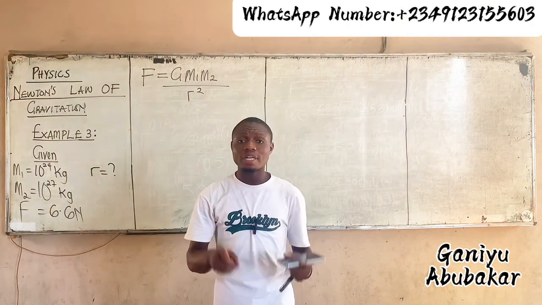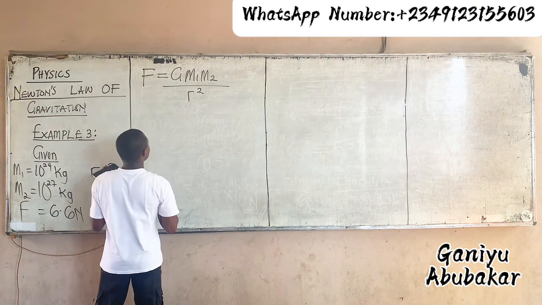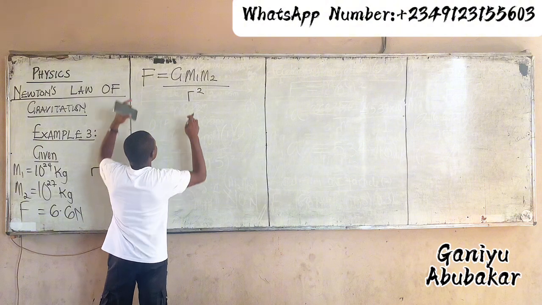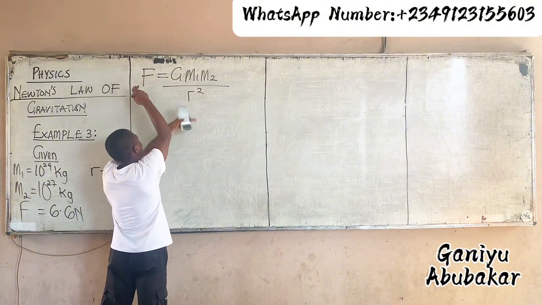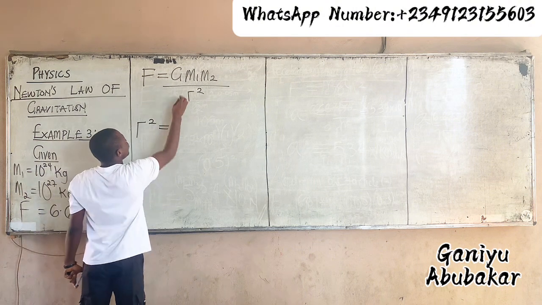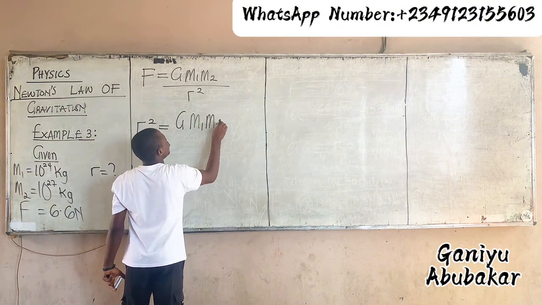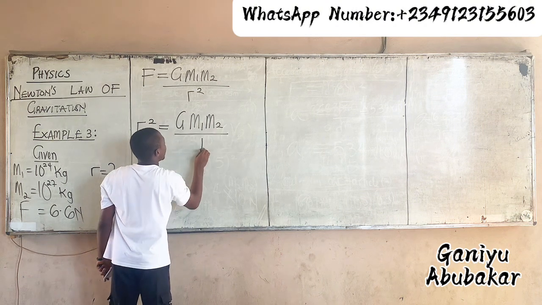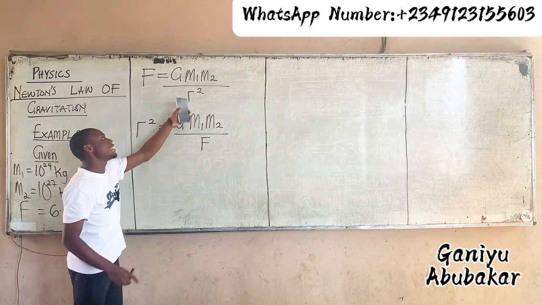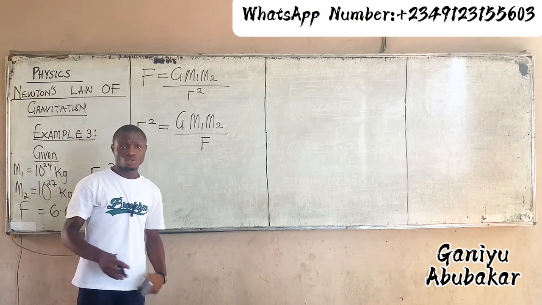Why? Because I'm asked to find distance, that's r. From here, just do a swapping. I'll have that r squared is equal to G m1 m2 over F. Observe, this goes here, this one comes here. This is swapping, that's all.